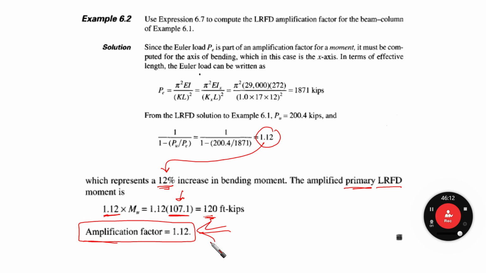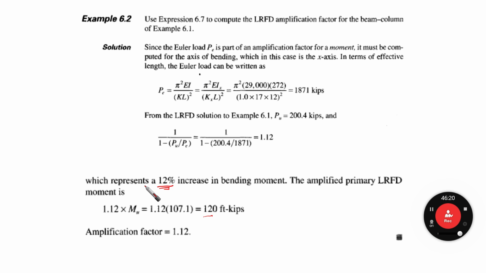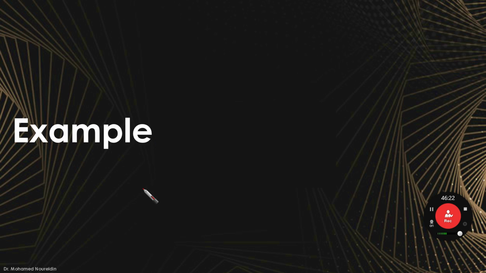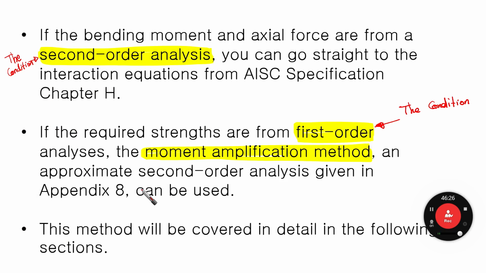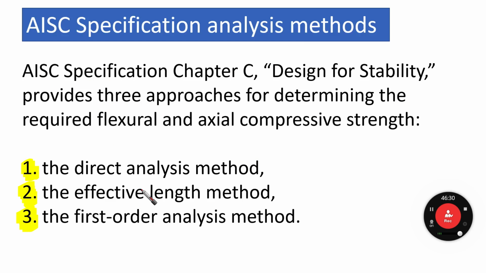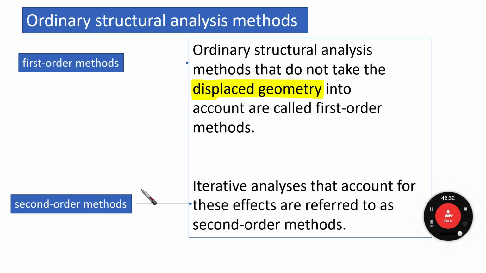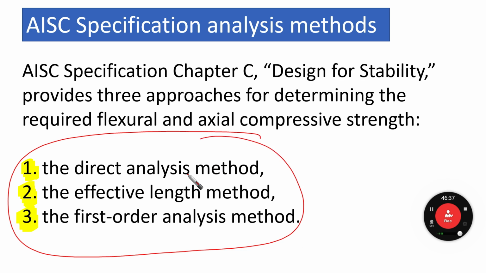So this is the end of our video for today. I hope that you have understood what I have explained, and that you have an idea now of the major and main methods related to the analyses in order to obtain the required strength.